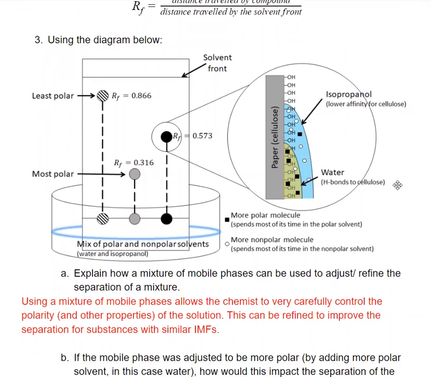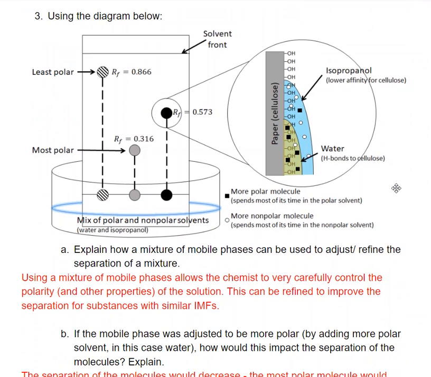So here's a really nice diagram that shows exactly what's going on when we have a mixture of solvents. So here we have a mixture of isopropanol and water. And isopropanol is a little polar, but not nearly as polar as water. So the water is going to interact really strongly with the surface of the paper, and the isopropanol is not going to quite interact so strongly.